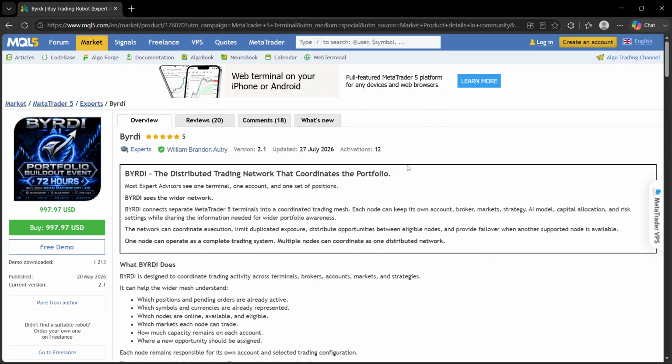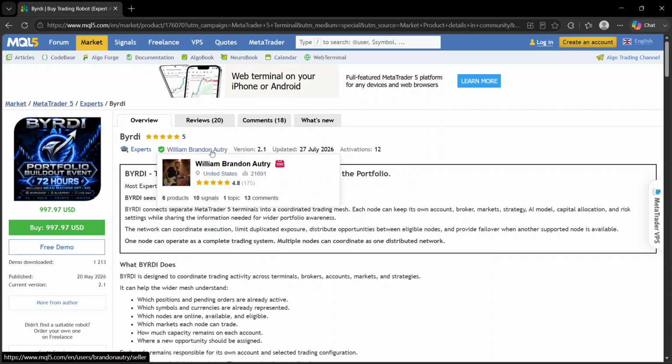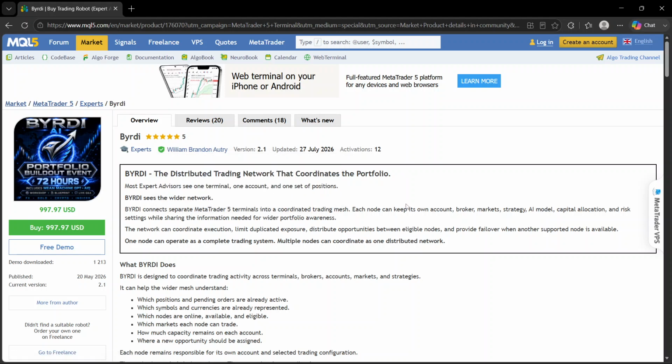Alright, today we're looking at Byrdi for MetaTrader 5, developed by William Brandon Autry from the United States. Currently priced at approximately $998, and the developer William calls it a distributed trading network that coordinates a portfolio across multiple terminals.